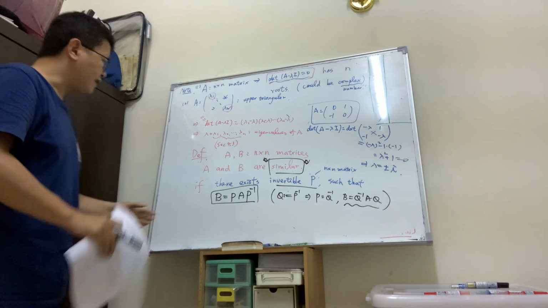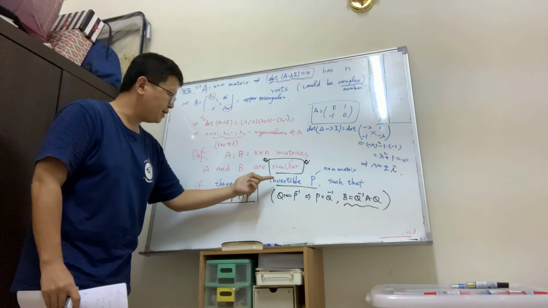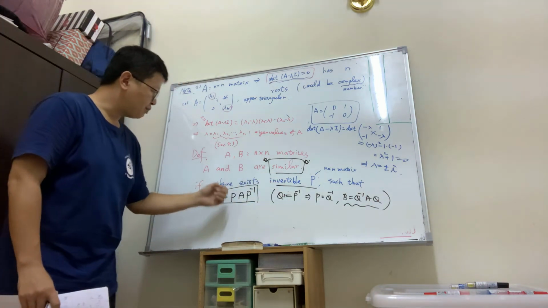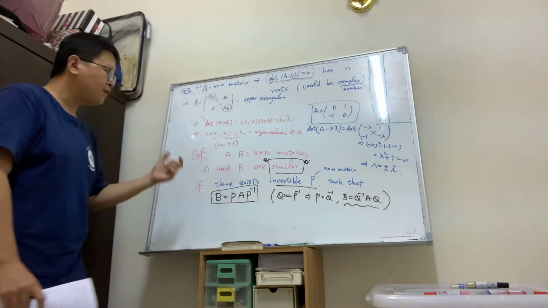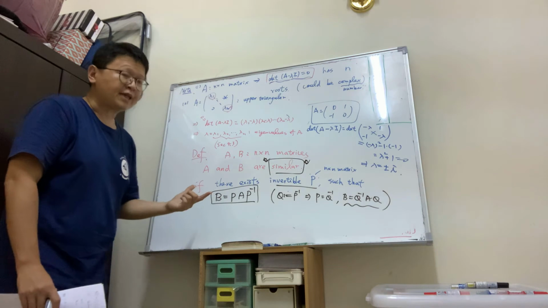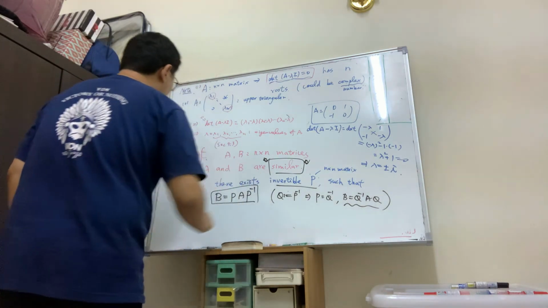So as we say, two matrices A and B are similar. What does it mean? It means that we could find an invertible matrix P such that B equals PAP inverse. It's an important concept, and they have a nice result.